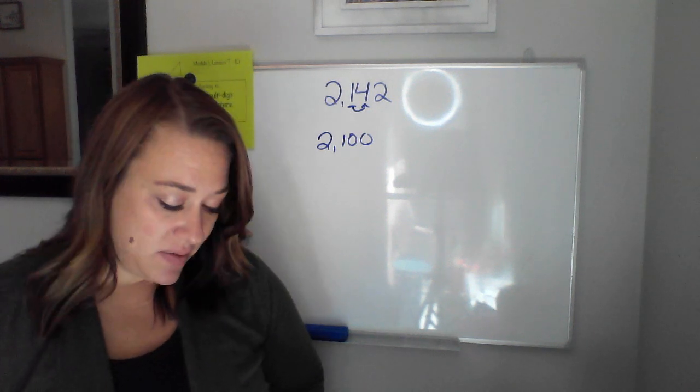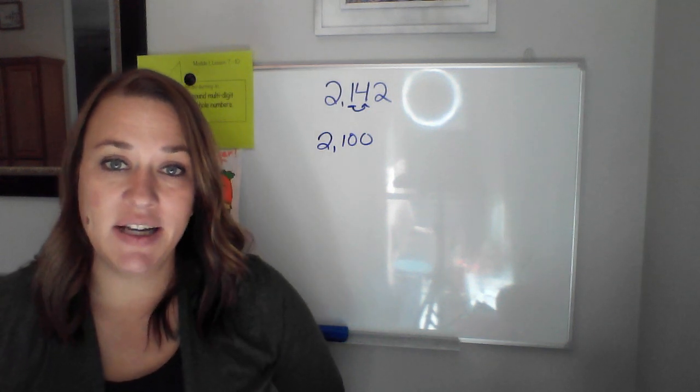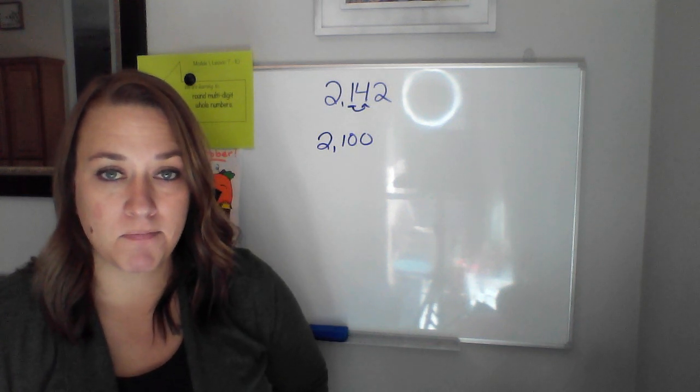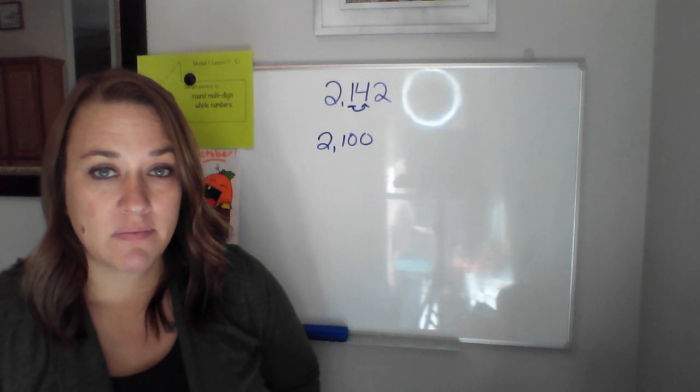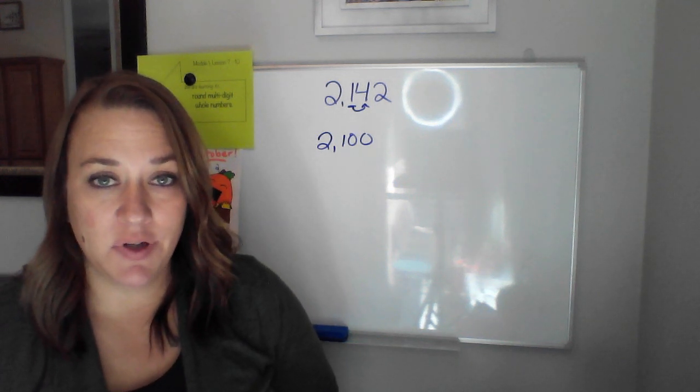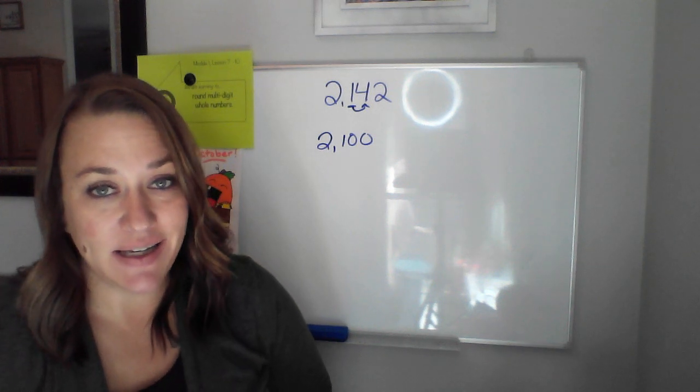So in this situation, it would almost make more sense because look at all of our numbers. What do you notice about each place value? If I were to round any of those place values, I'm going to be rounding down, which means I'm going to have less than what I need.